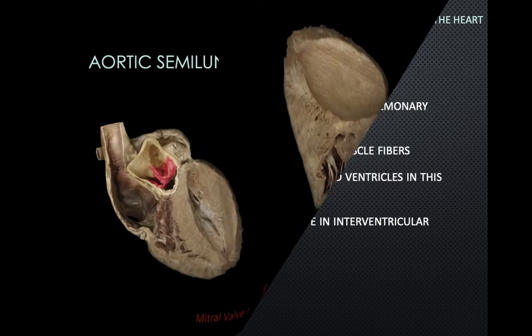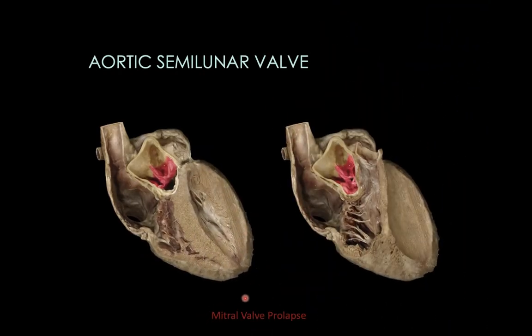Actually, what this diagram is showing is a mitral valve prolapse. So you can see that this valve is nice and strong, and then this one has lapsed. So sometimes, if valves don't work, you can actually get a heart murmur. That's what a heart murmur is.